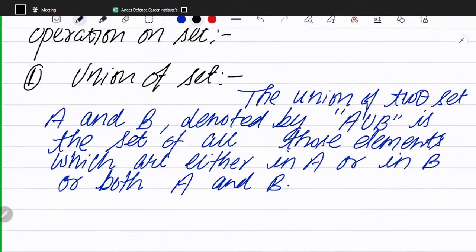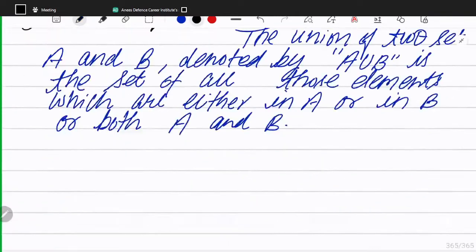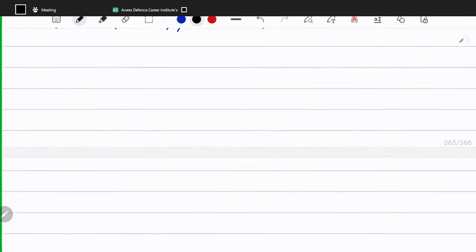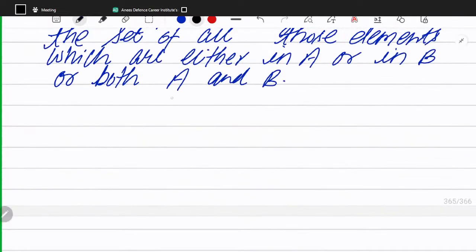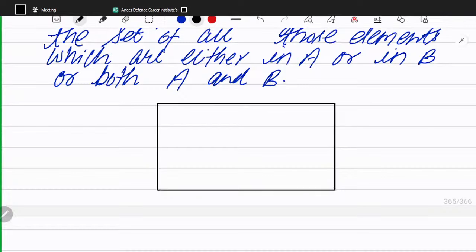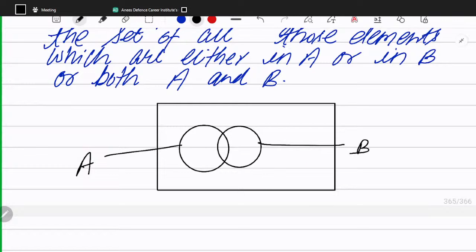If I want to draw the geometrical Venn diagram of this union operation, let's say this is the first, this is the second. This is set A, this is set B, and this is the universal set.